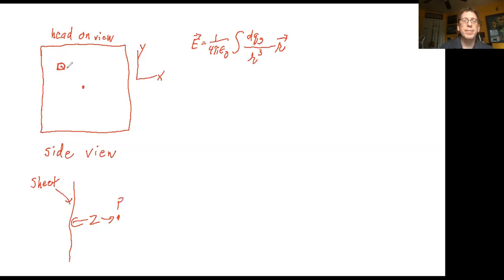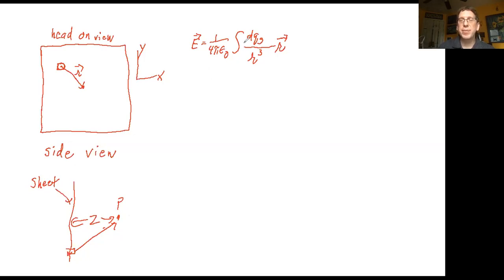So we have our infinitesimal element of charge here on the sheet, and so we'll draw it there as well on both faces. And remember, the vector points to the point where the field is being evaluated. So how does r look?